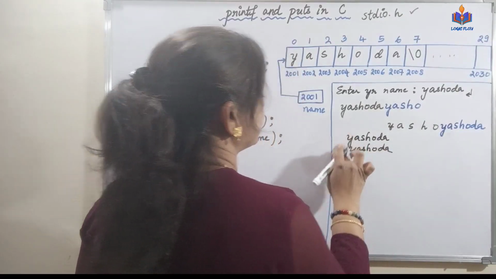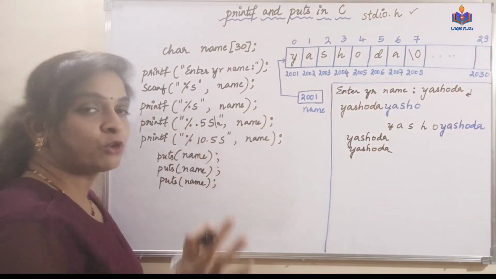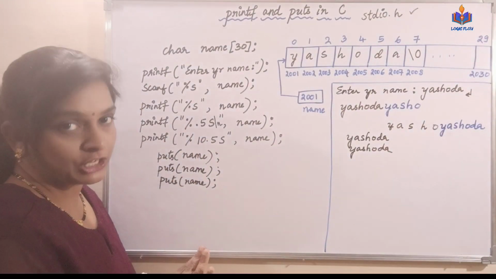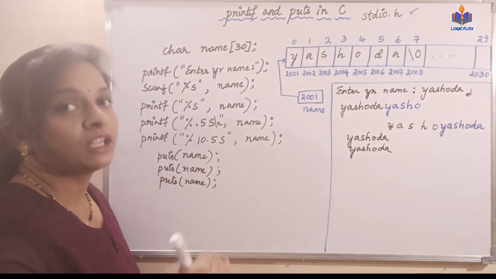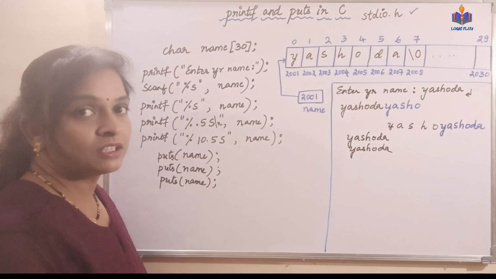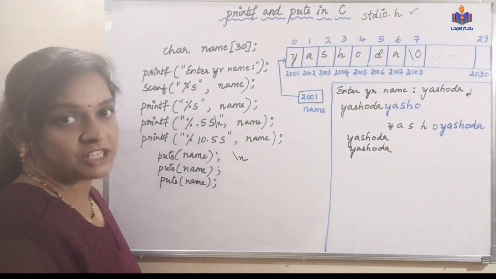So this is the difference between printf and puts. In printf you don't have automatic new line, but for puts you have automatic new line. After printing a string, it will automatically print the next content to the next line because it has a new line character escape sequence.